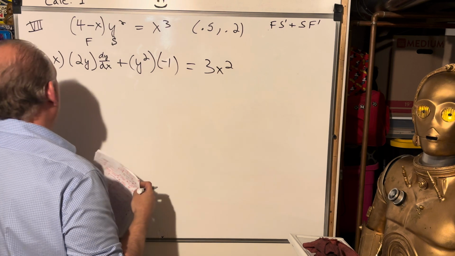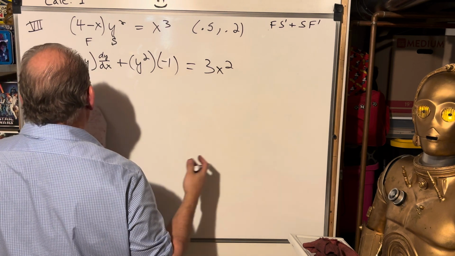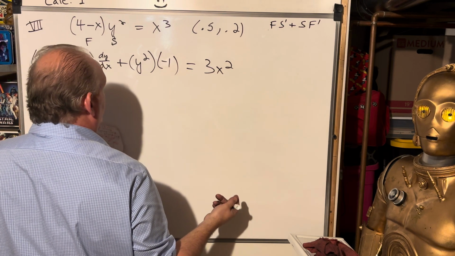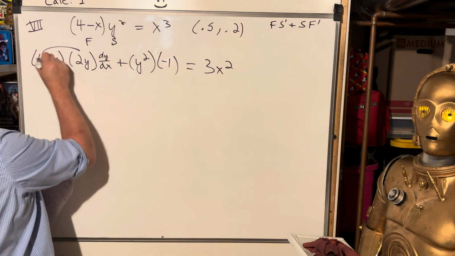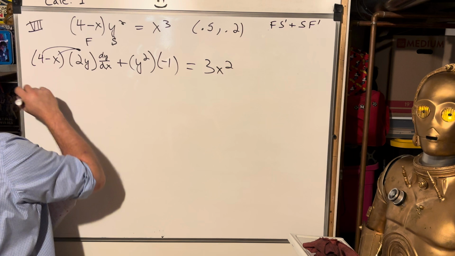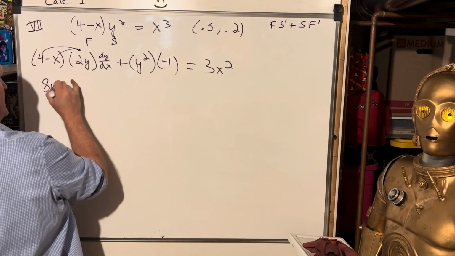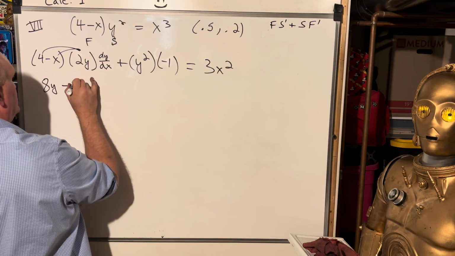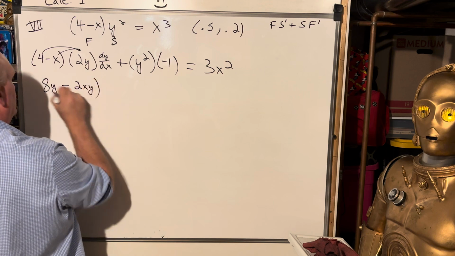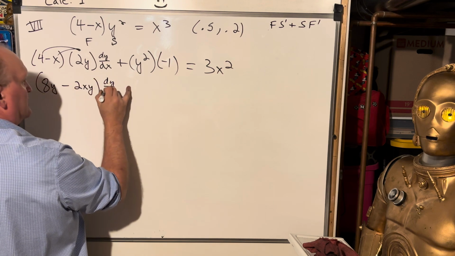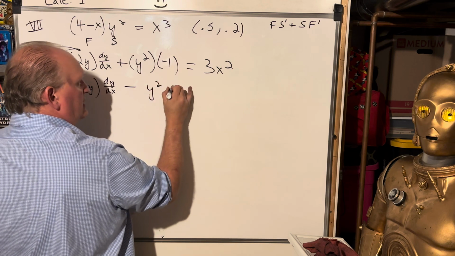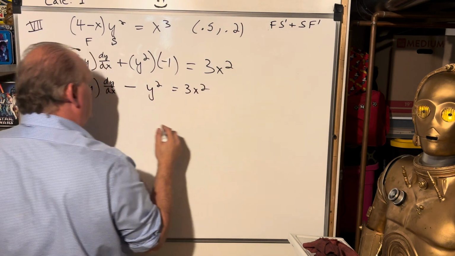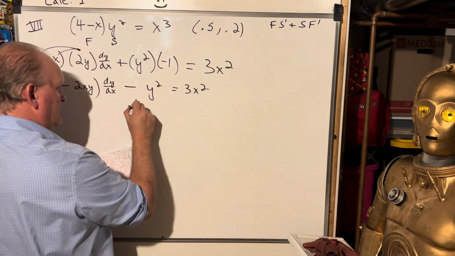So what does this mean? What are we going to do? Let's clean it up a little bit, do the distributive property here. So we have 8y minus 2xy dy dx minus y squared equals 3x squared. So let's move this over.